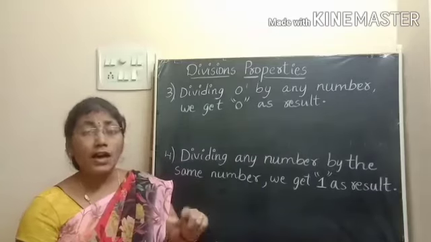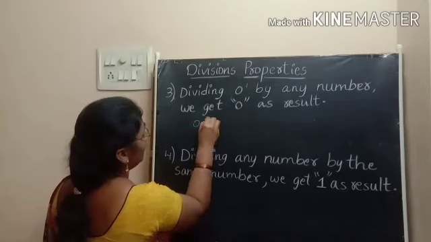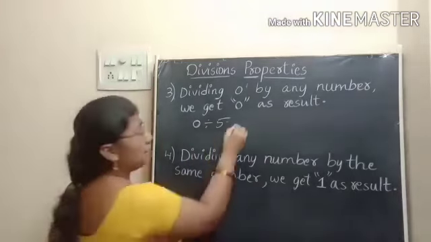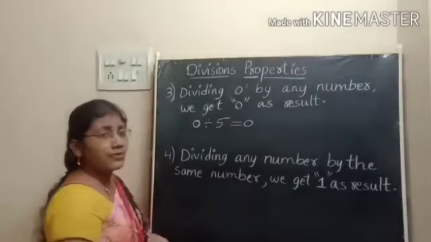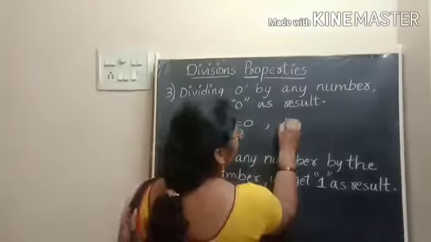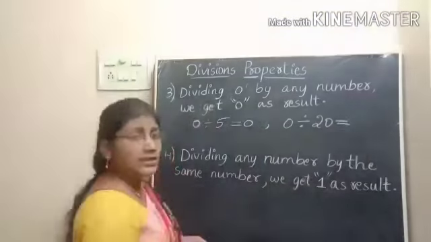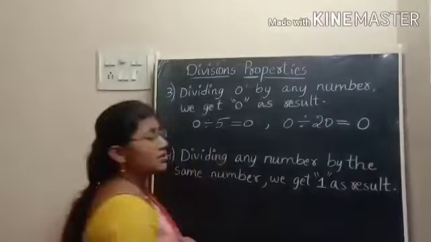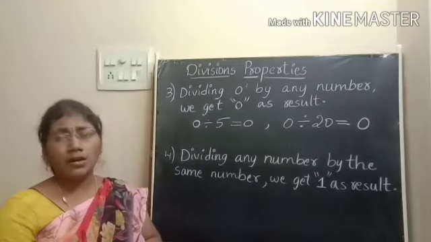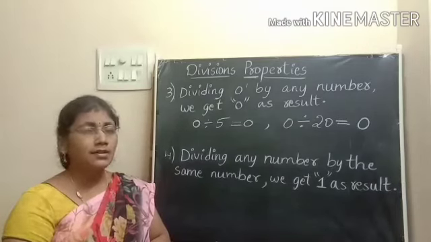For example, 0 divided by 5 gives us 0 only. 0 divided by 20 also gives us 0 only. Understood, children? By dividing 0 with any number, we get 0 as result.